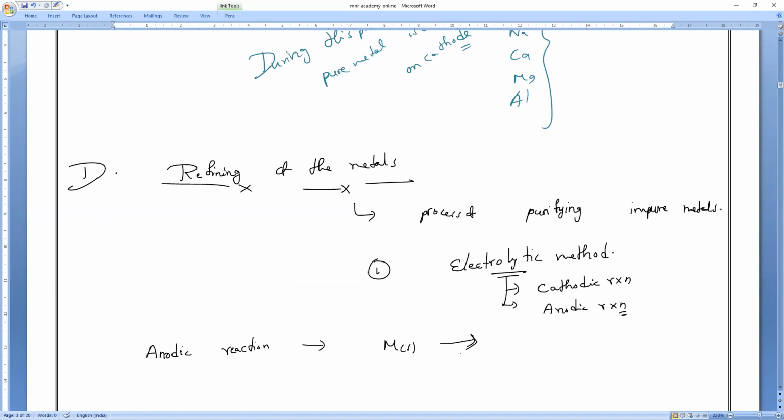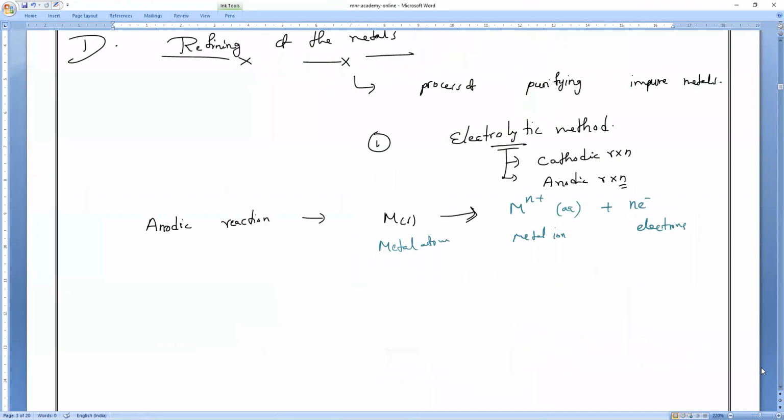If I take a metal atom M, in the anodic reaction it forms M^n+, that is, it turns into a metal ion, plus a number of electrons coming outside.